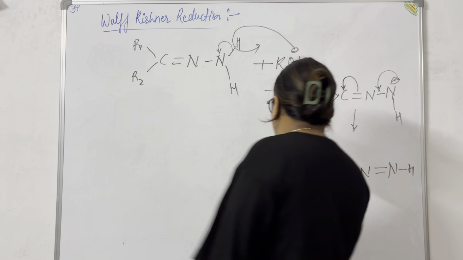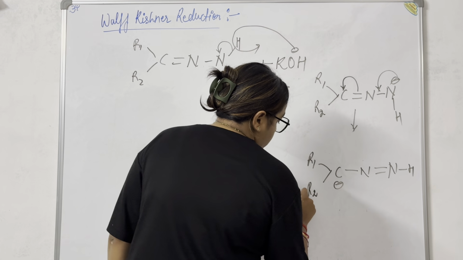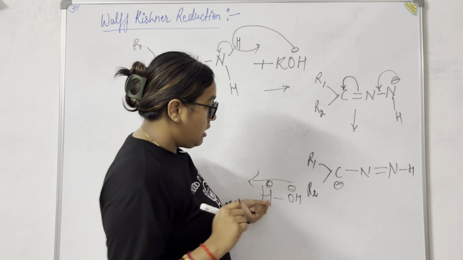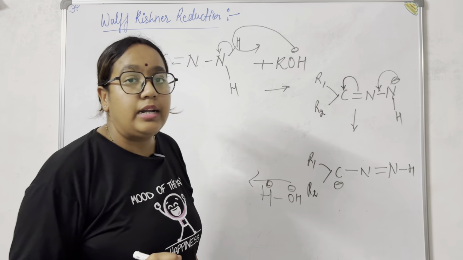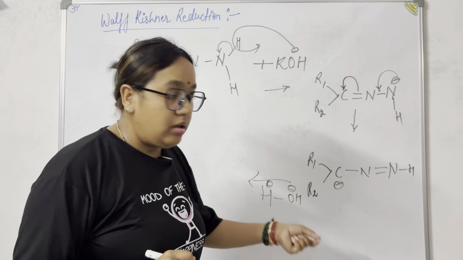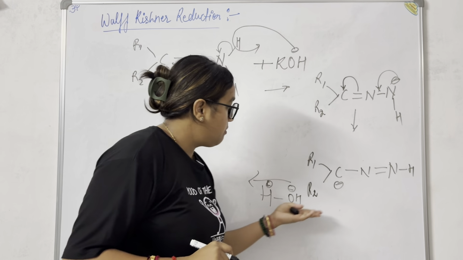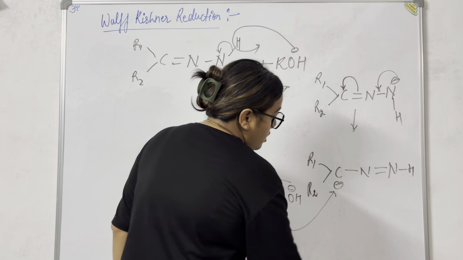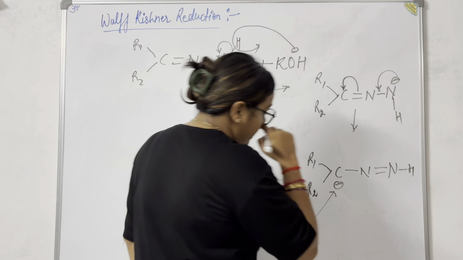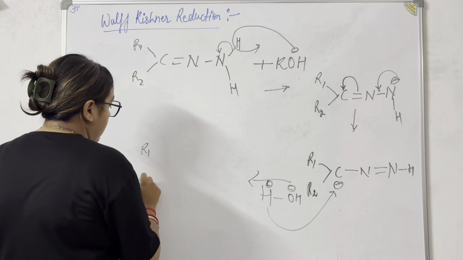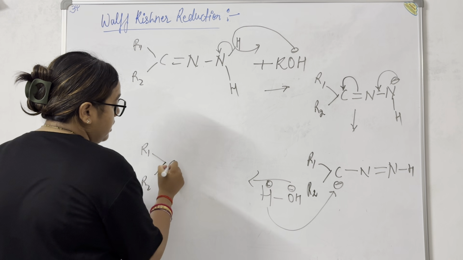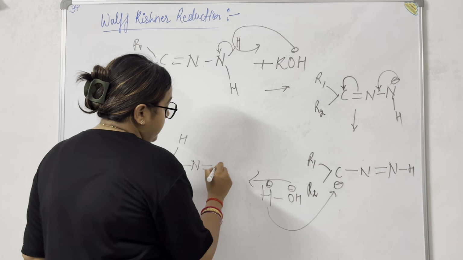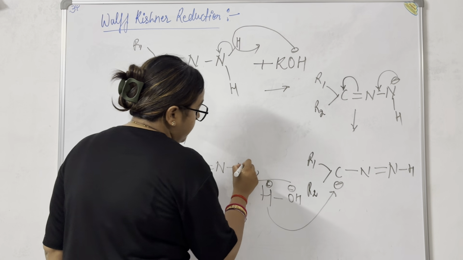In the presence of water, what happened? This is positive, this is negative. In the presence of water, this H positive ion tries to attach to the more negative ion, where we have the carbon more negative as compared to the hydroxy group. So it attaches to the negative carbon, and we have R1, R2, this carbon, H atom, bonded to nitrogen, double bonded nitrogen and hydrogen.